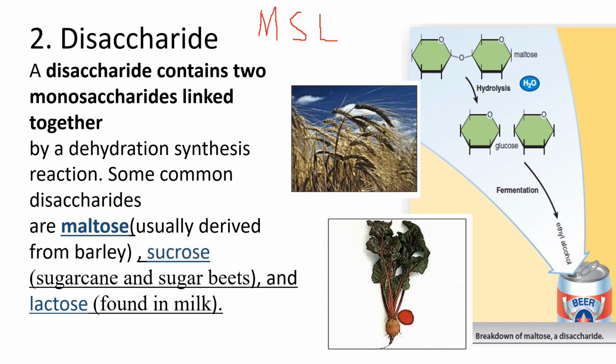Remember this mnemonic: my sweet love. Remember the three types of disaccharides, the MSL or my sweet love, are M for maltose, S for sucrose, and L for lactose.